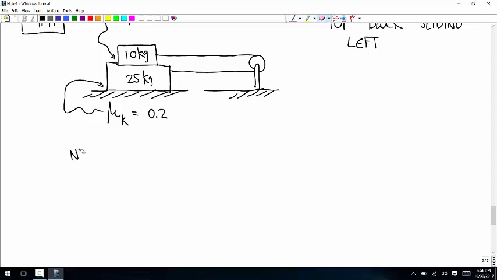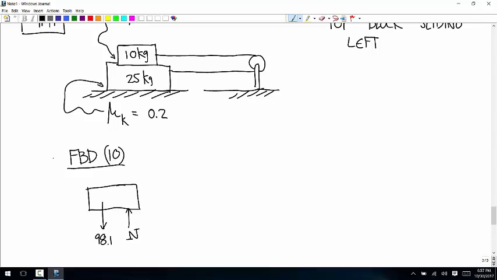So free body diagram for the 10 kilogram. There's a weight force down of 98.1 newtons. And then there's a pushing force from the 25 kilogram box.